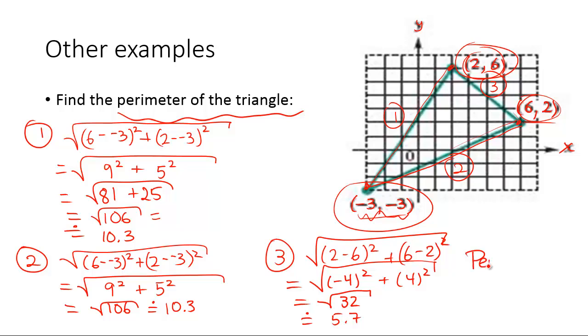So the perimeter is altogether 10.3 plus 10.3 plus 5.7. It's approximately 26.3 units long.